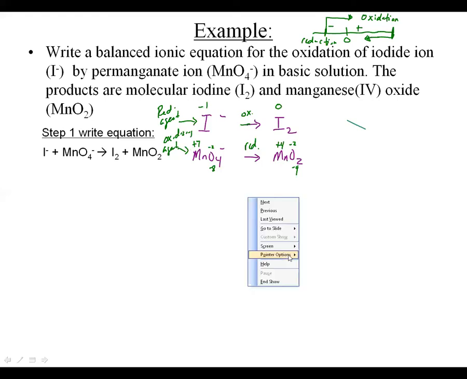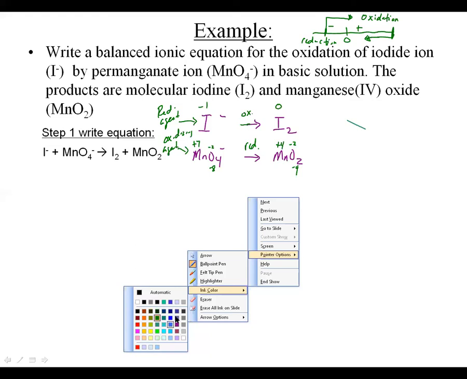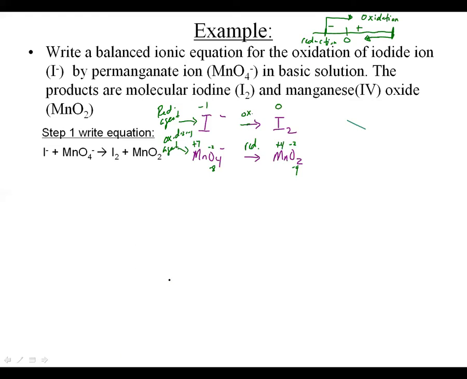All right, so now that we've identified what's happening, and again, it's a good thing to do because it will help you as you're going along to make sure you're doing everything correctly, I'm just going to rewrite them here.